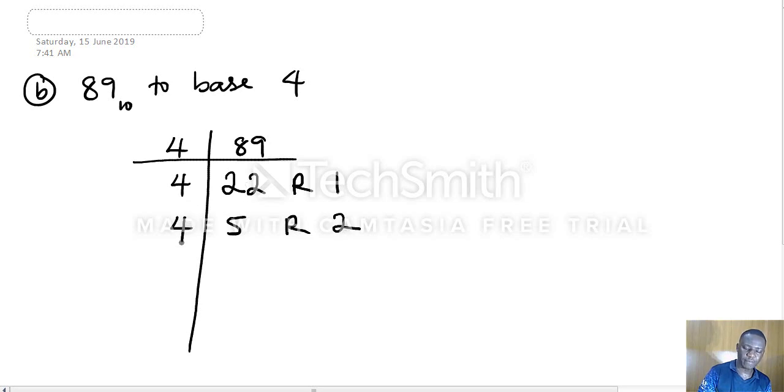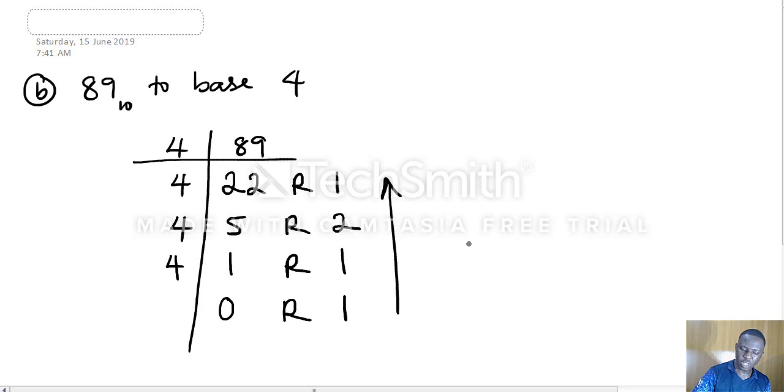Divide by 4 again. 4 into 5 is 1, remainder 1. And 4 into 1, we cannot, so we say 0, remainder 1. So 89 base 10 is equal to 1121 base 4.